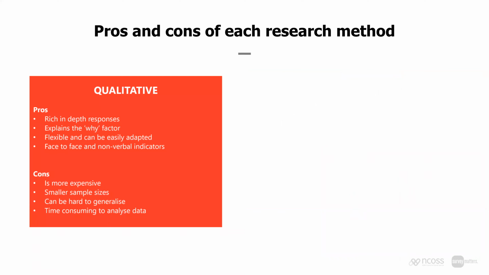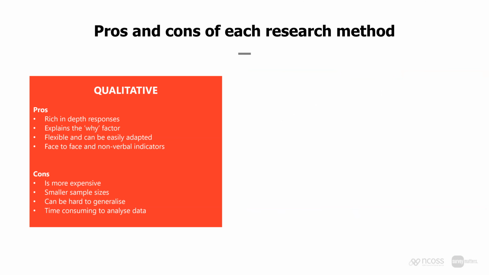So what are the advantages and disadvantages of each method? The advantage of qualitative research is that it provides really rich, in-depth information, which provides a more nuanced understanding than a quantitative survey. It's often used to explain the why factor for the topic under consideration.